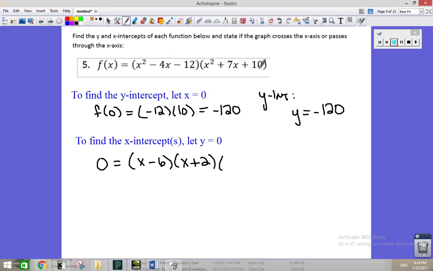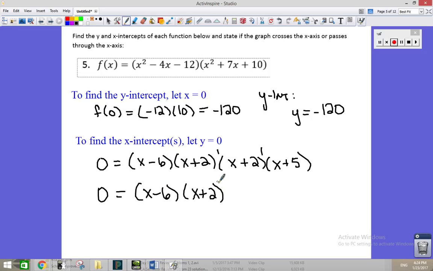And here, two numbers that give me 10 are positive 2 and positive 5, and 2 and 5 add up to 7. So now if I look at these, I have x plus 2 and another x plus 2. So you're going to write that as x plus 2 quantity squared, and this x plus 5.